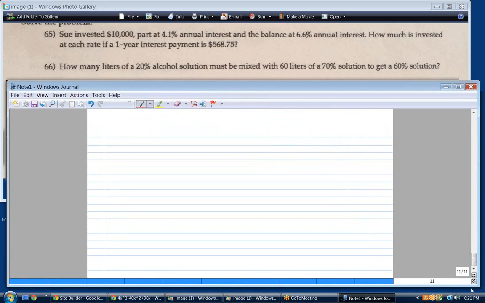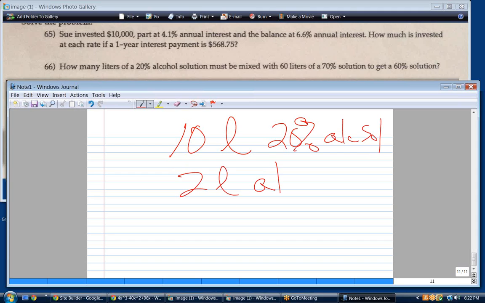Solution problems. The best way to think about solution problems, whether they are an alcoholic solution or a saline solution or a chloride solution, doesn't matter: if I have 10 liters of a 20% alcohol solution, think of that as 2 liters of alcohol and 8 liters of water.